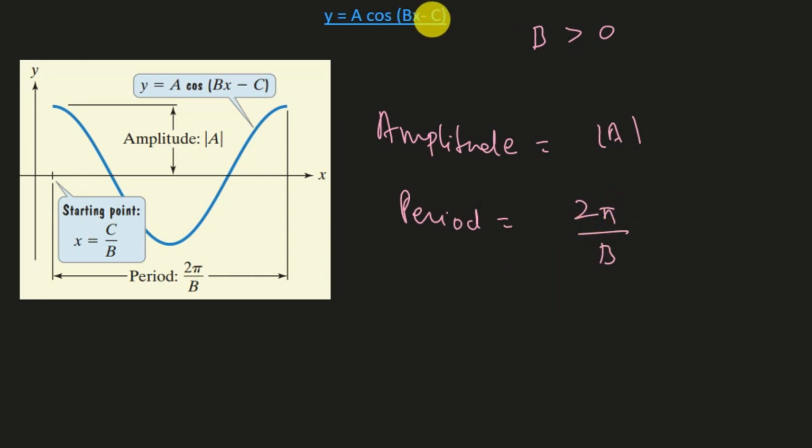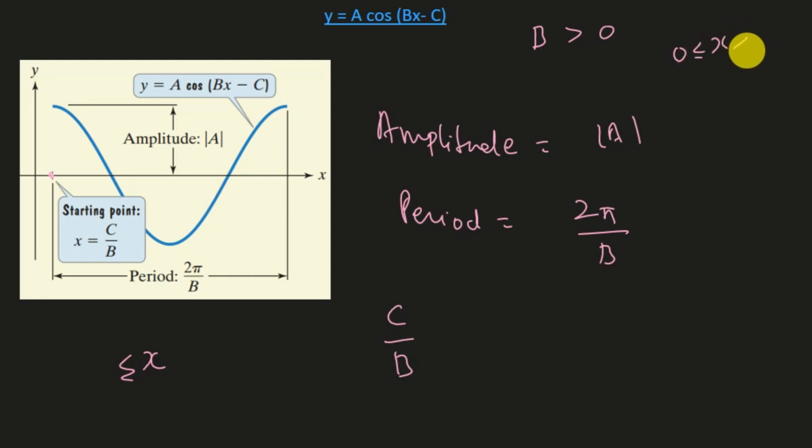Now what is this minus C denoting here? Here there is a phase shift of C by B. Now here you can see in the graph, this x starts from here. Earlier we discussed that x ranges from 0 to 2 pi, right?